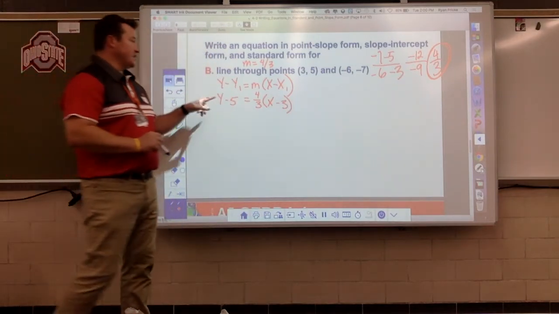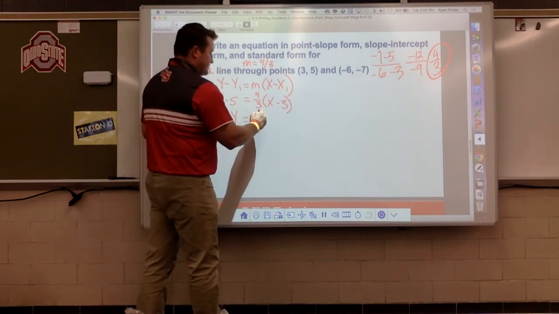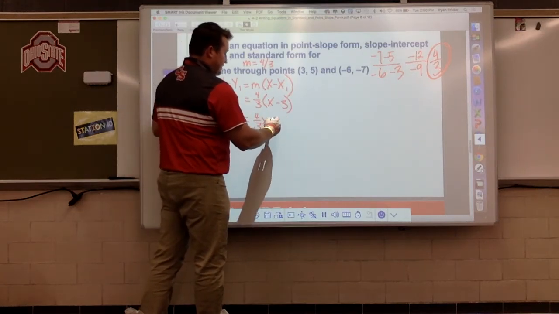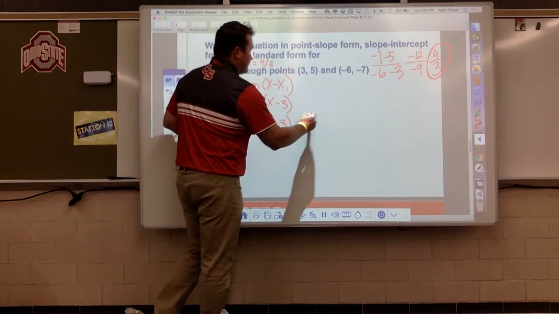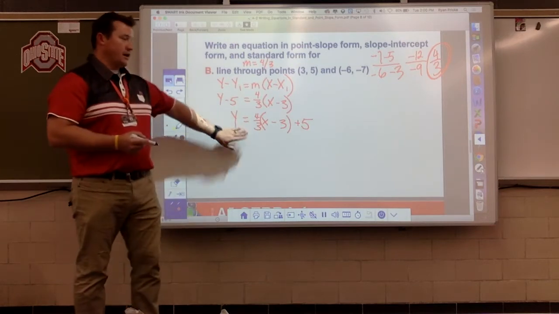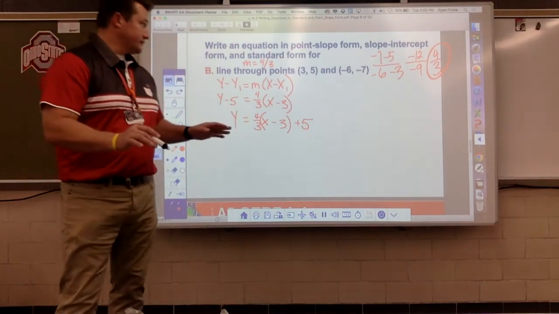Just one step to get it into point slope, and that's move 5 over here, right? So y equals 4/3 times x minus 3, and then plus 5. Okay? Bam. Stop right there. There is point slope done. Okay?